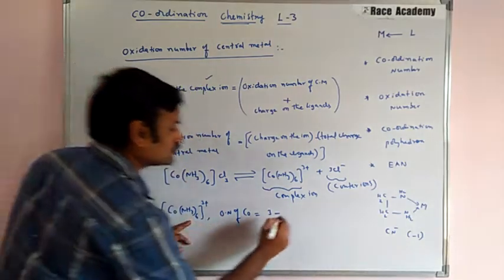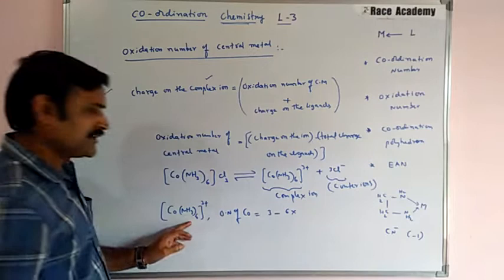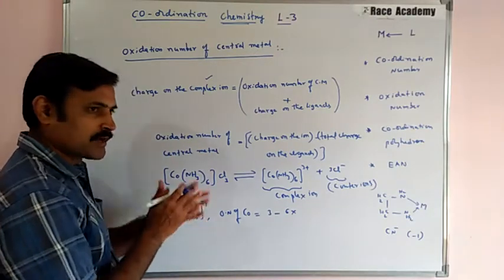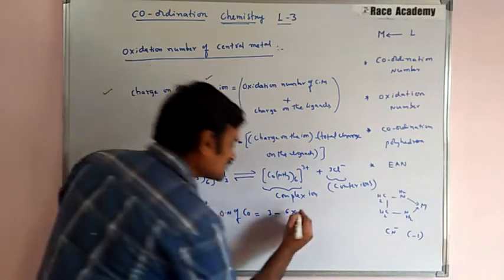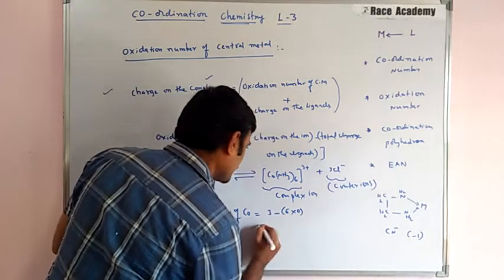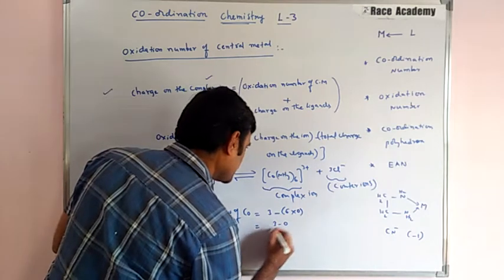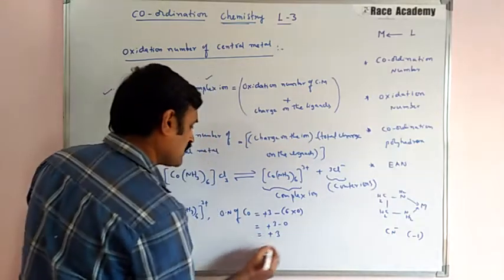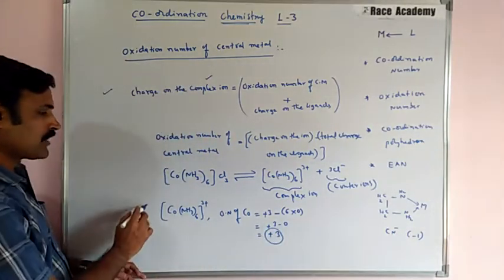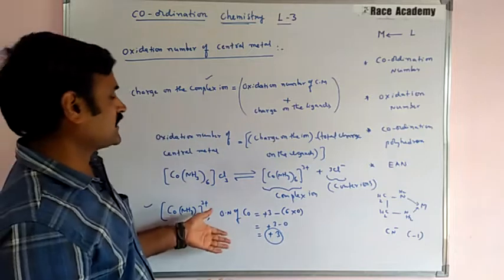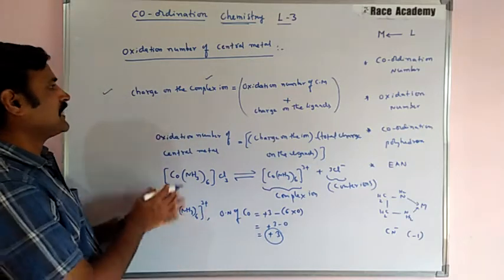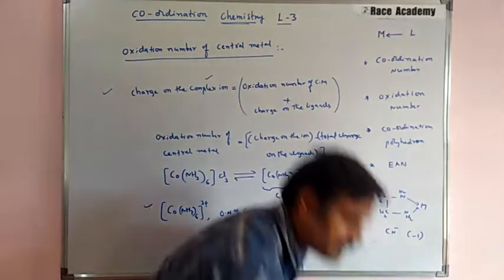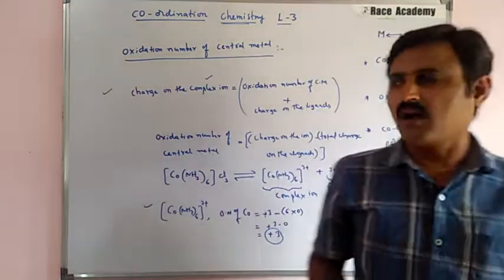So 6 into 0, because ammonia is a neutral ligand, so the charge on ammonia is 0. So 6 into 0 is 0 only. So 3 minus 0 is plus 3 only. So the oxidation number of cobalt in this complex ion is plus 3.